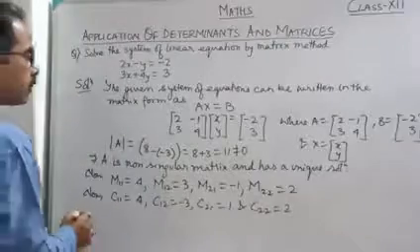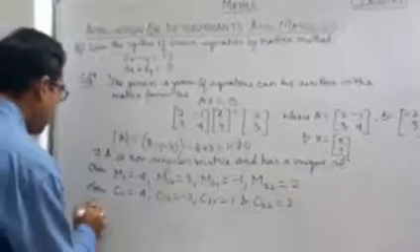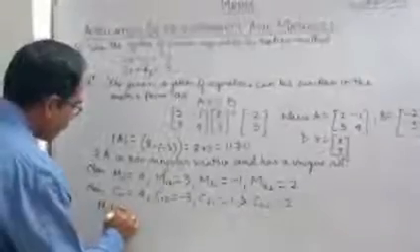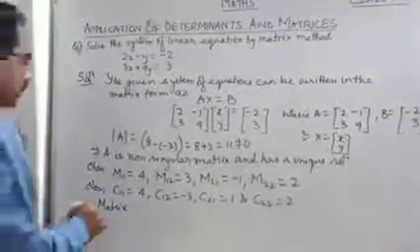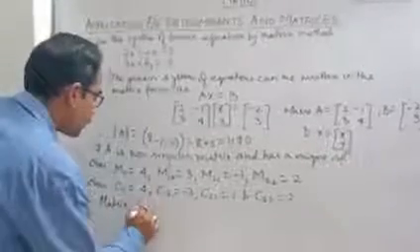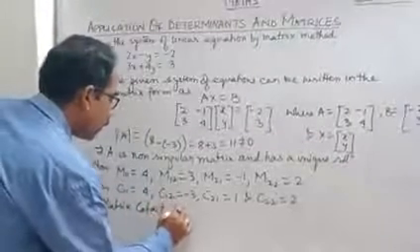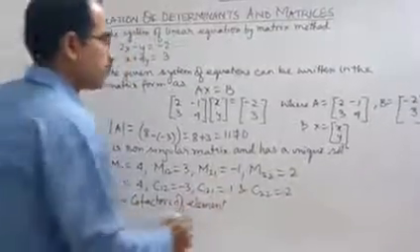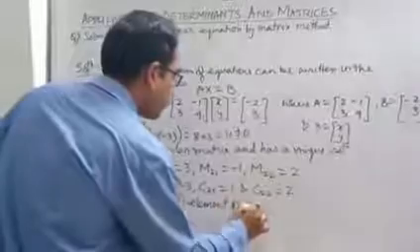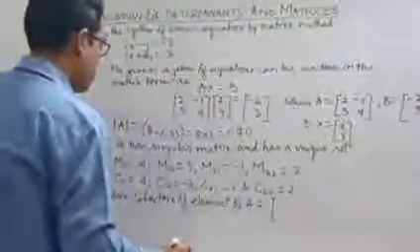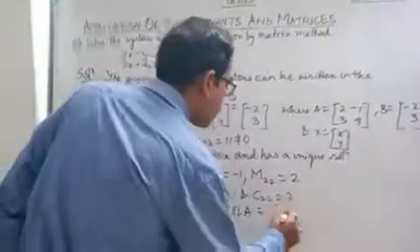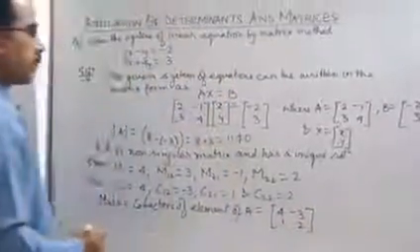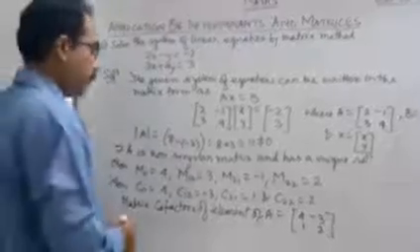Correct? Therefore the matrix of cofactors of elements of A is [4 -3; 1 2]. Correct students?